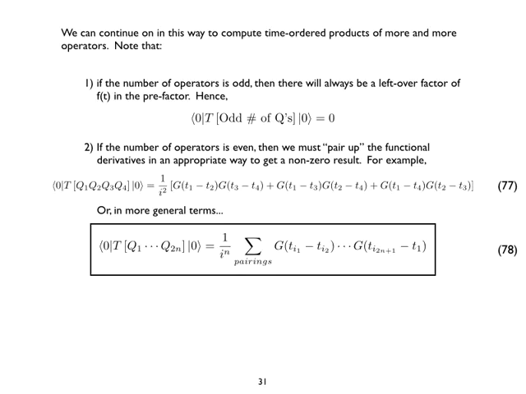So the first term pairs T1 and T2, T3 and T4. The second term pairs T1 and T3, and T2 and T4. And this one is T1 and T4 and T2, T3. But if you ask for 6 or 8 or 10, right off the bat, you don't have to go and compute them. You can use this theorem. I can't remember what the name of this theorem is called.